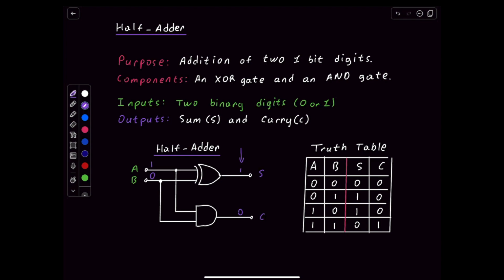And the AND gate says that we can only have 1 in the output if both inputs are 1. So with that logic, the carry out is only going to be 1 if we provide 1 and 1 in the input. So if it's 1 and 1, it carries out.